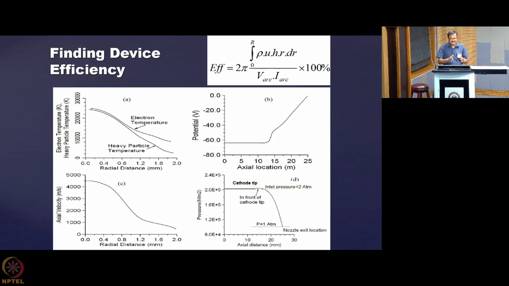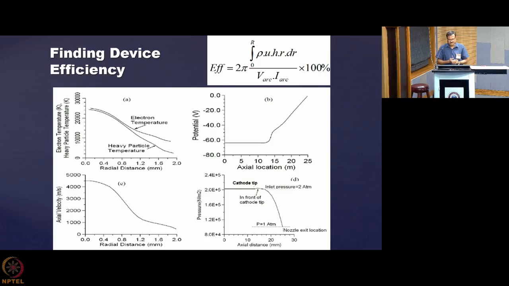So in this exercise, what have we understood? We have understood that from the simulation we can get the distribution of temperature. From that we can know the distribution of enthalpy. We know the velocity distribution from the simulation itself. When we do this integration in that computational domain, we get the amount of energy from the plasma that is coming out per second.